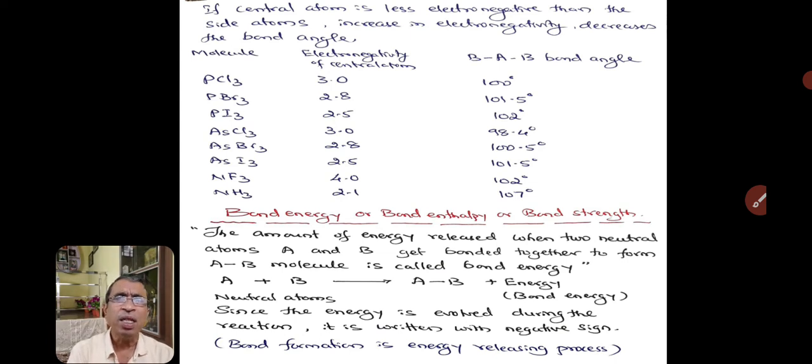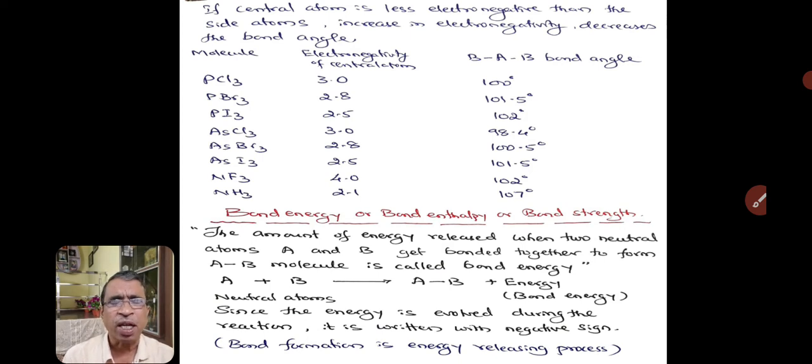Coming to another bond parameter, that is bond energy, or bond enthalpy, or bond strength; all mean the same. The amount of energy released when two neutral atoms A and B get bonded together to form an AB molecule is called bond energy.